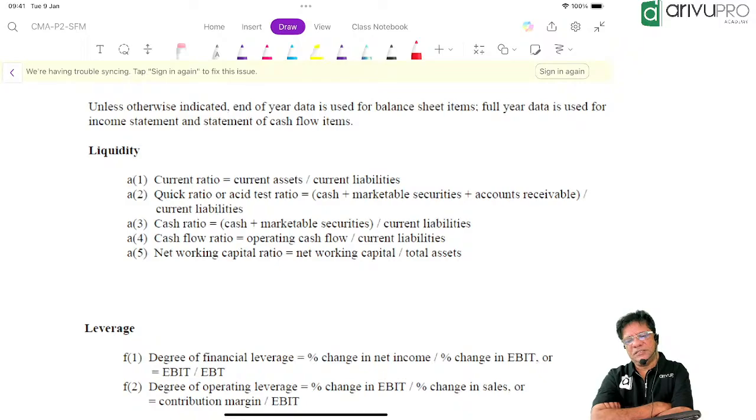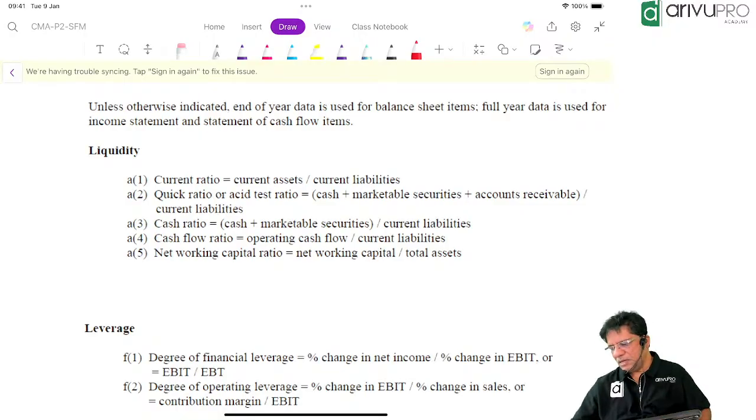Next, cash ratio: cash plus marketable securities divided by current liabilities.